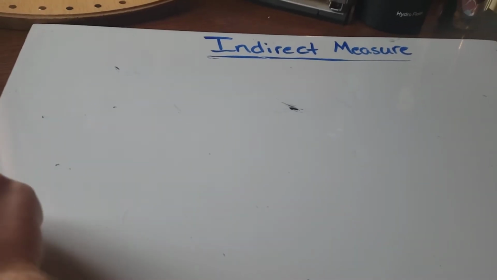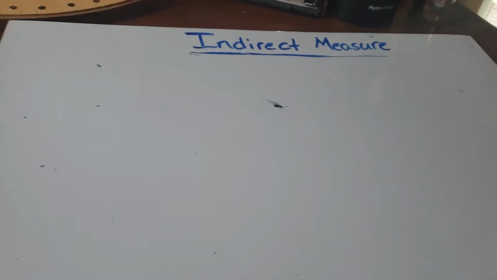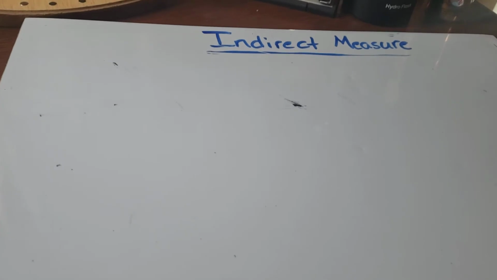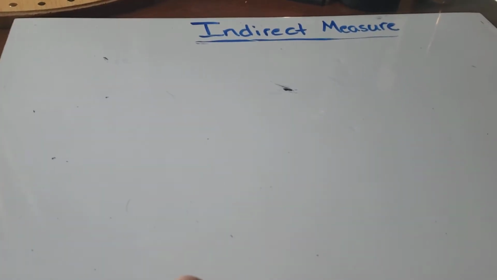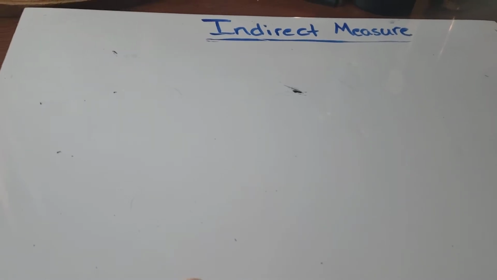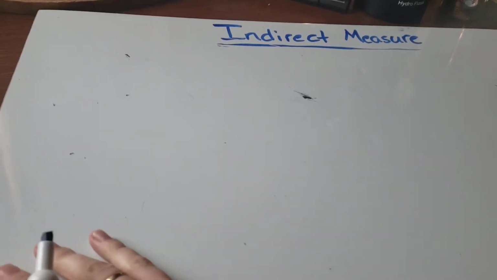All right, for the second part of indirect measure, we're going to look at a real-world example of how you might use similar triangles to indirectly measure the height of an object.